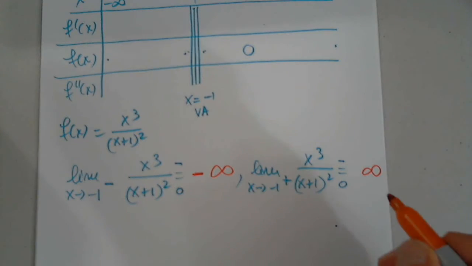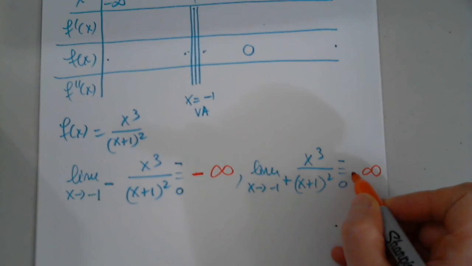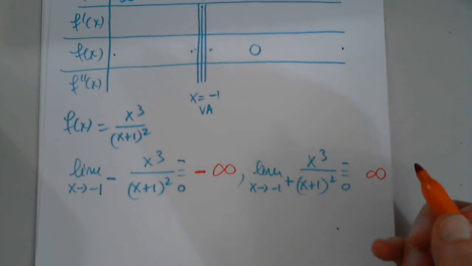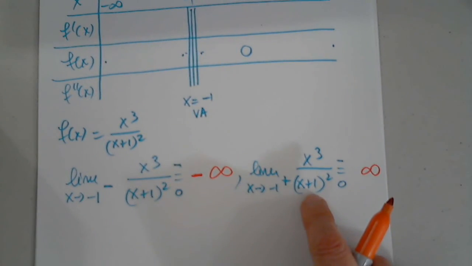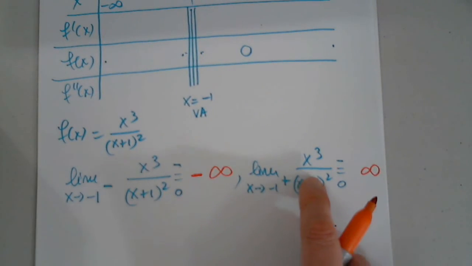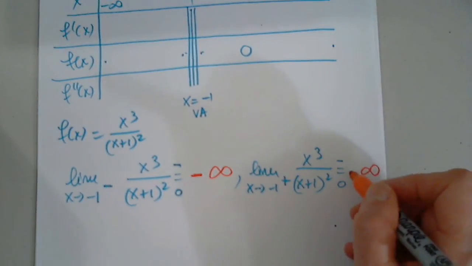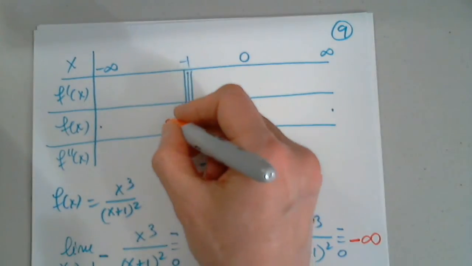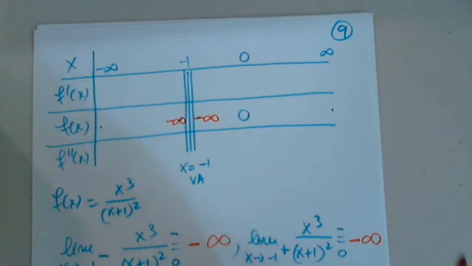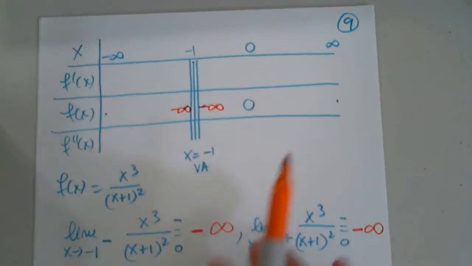And same thing, because the denominator, no matter what, is positive. And the numerator, no matter what, is negative. So both are negative. Good. So now let's establish that.